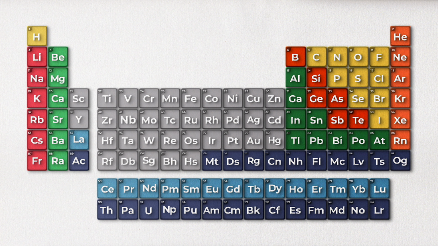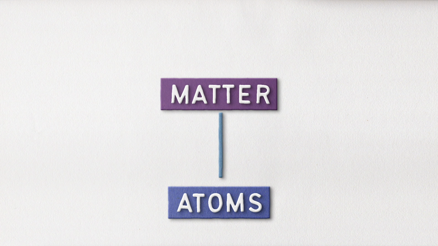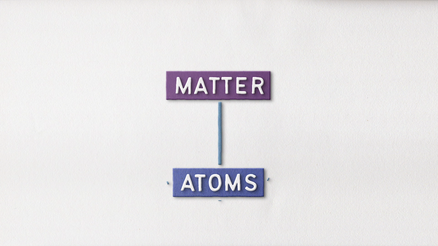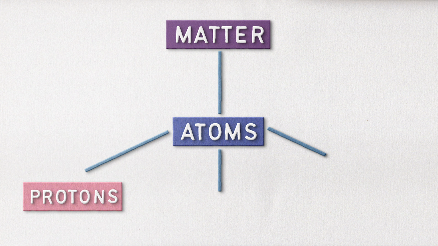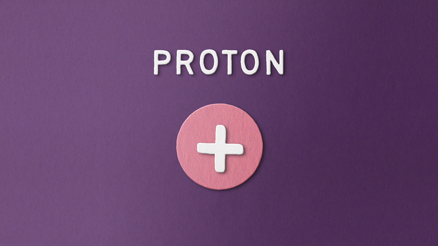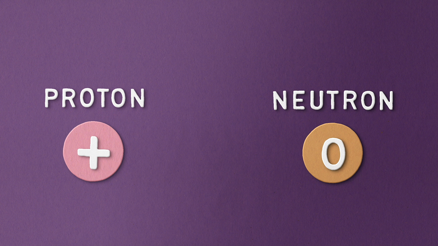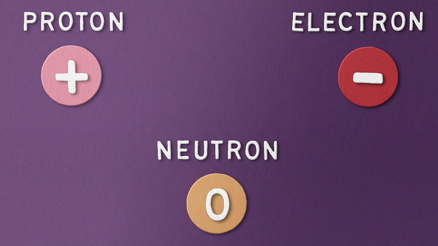Before we define what those three terms are, we first need to establish a baseline understanding of the elements on the periodic table. All matter around us is composed of atoms, and all atoms are composed of three particles: protons, neutrons, and electrons. Protons have a positive charge, neutrons have no charge, and electrons have a negative charge.